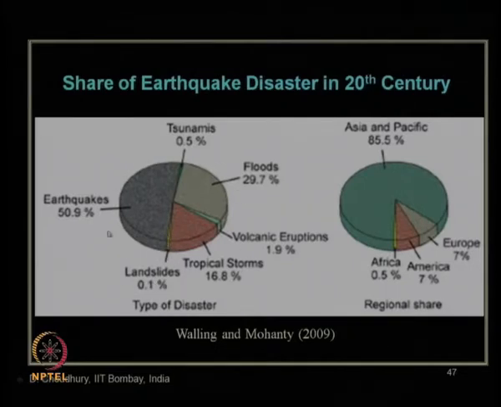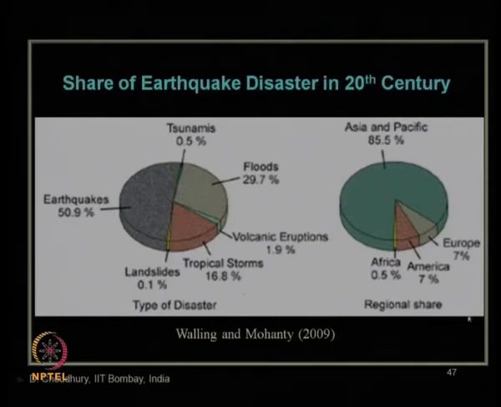So, among all the various disasters, earthquake takes the major share. Not only that, if you see the regional share of earthquake disaster, this pie chart shows that the Asia and Pacific region takes the maximum share, more than 85% of the world's earthquake disaster share, compared to America 7%, Europe 7%, and Africa only 0.5%.